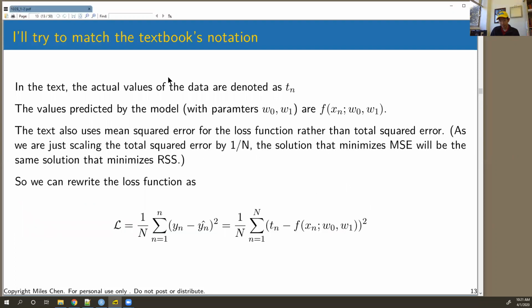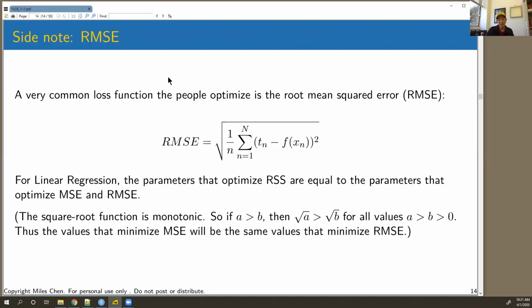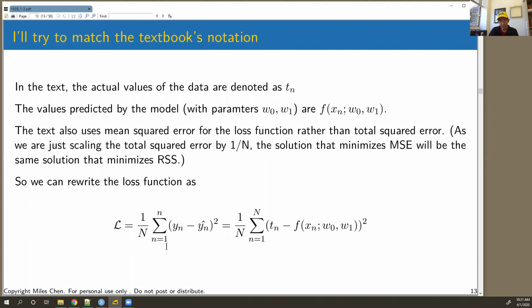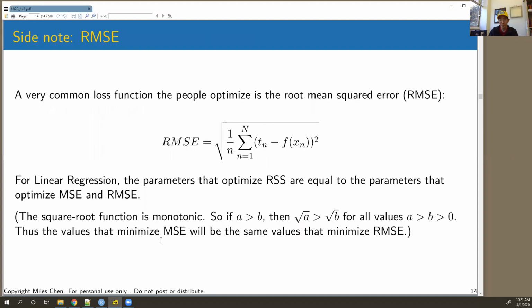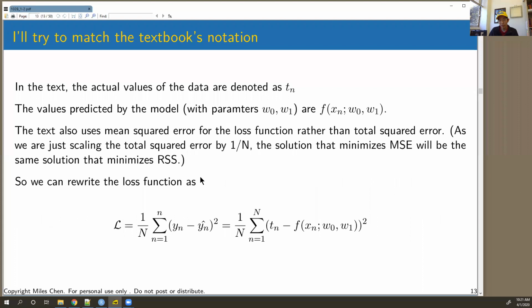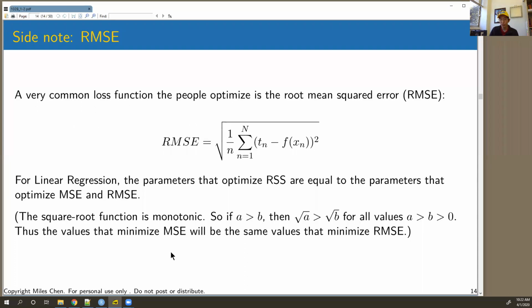Okay. A lot of times, this is just a side note, you might hear about RMSE, root mean squared error. It's basically this thing, but you take the square root, okay? The reason you might do that is that for mean squared error, the units are squared units. If you took your measurement in centimeters, your residual will also be in centimeters, but your squared error will be in centimeters squared, okay?